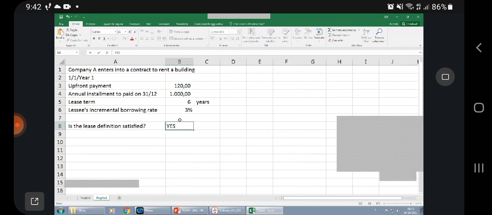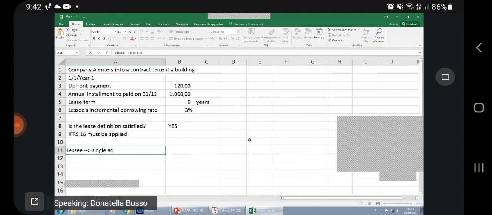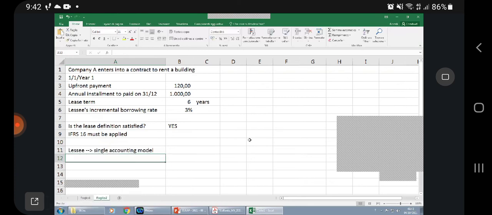So the definition is satisfied. This means, as a consequence, that the IFRS 16 must be applied. Okay? And if the IFRS 16 must be applied, keep in mind that for the lessee, a single accounting model, we need to determine the lease liability and the right of use asset. Is it clear for everybody?